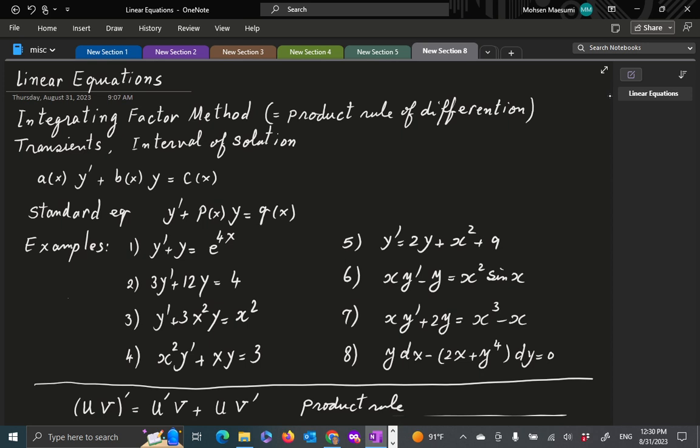Because this type of equation shows up all over the place when we apply modeling to engineering or physics problems. So the motivation came from there, and all these algebra methods or calculus methods are aimed at solving those problems and understanding the issues that come up.